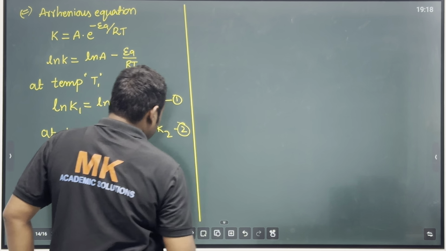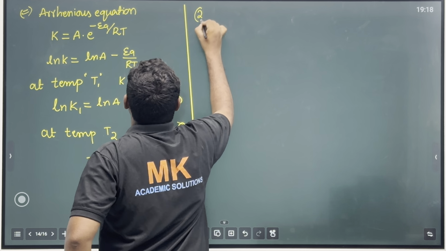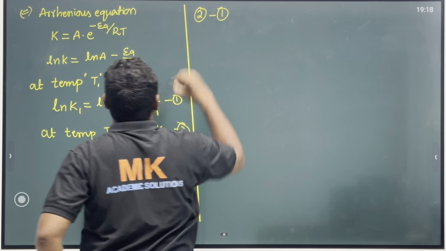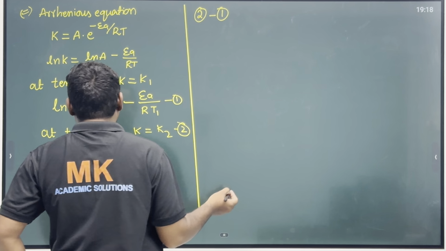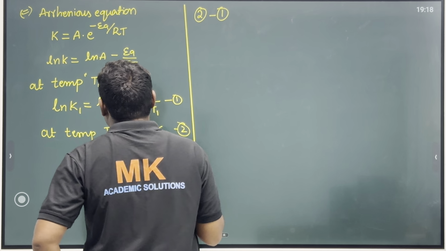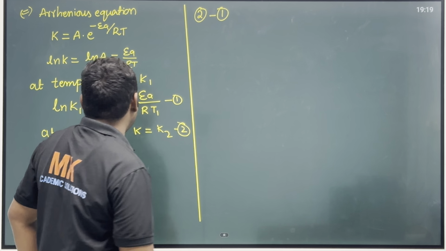Okay, so now let us do 2 minus 1, subtract equation 1 from 2. When you do 2 minus 1, what does it mean? On the RHS you need to subtract, and on the LHS you need to subtract.